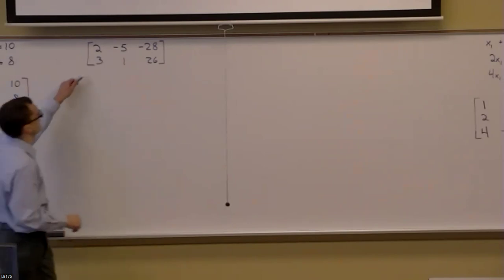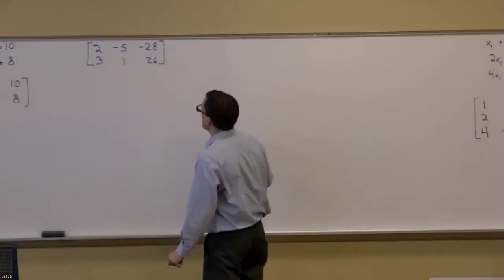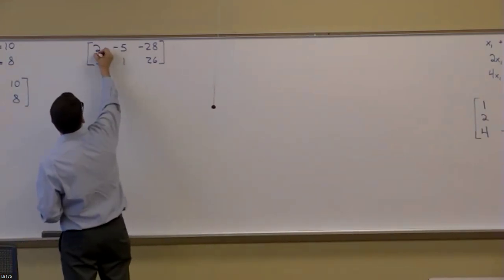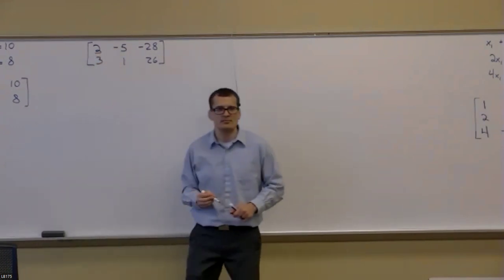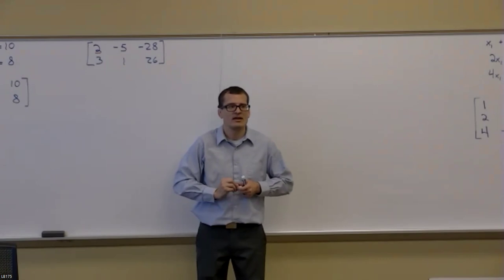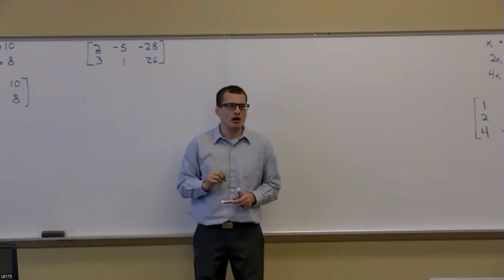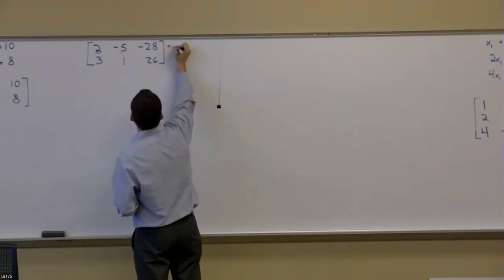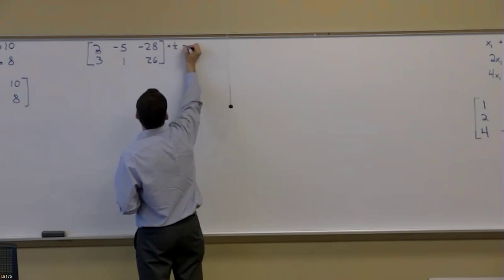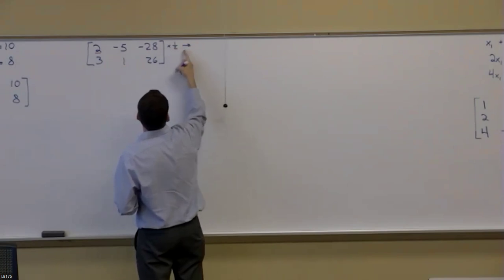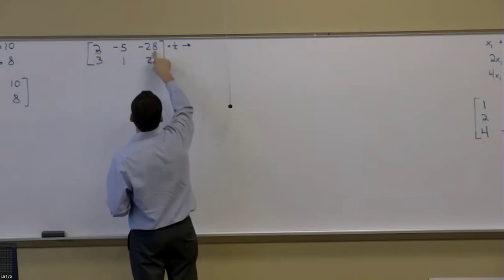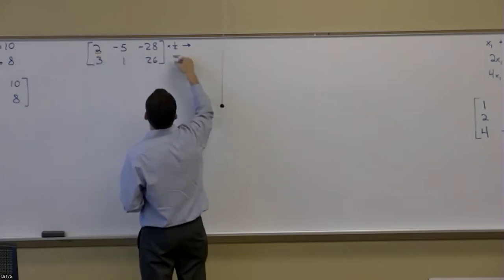So we're going to use this matrix: 2, -5, -28, 3, 1, 26. If I were doing this by hand, I'd say this 2 is in a pivot position. Let's start with that. I'm going to force it to be a 1. The way I force it to be a 1 is I multiply this entire row by a half, and whatever I get, I'm going to put back in the first row.